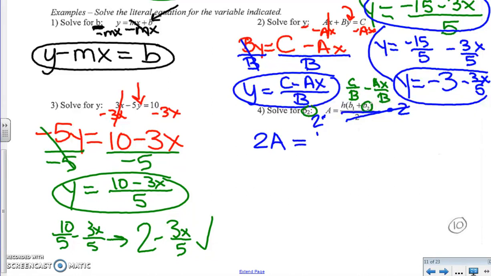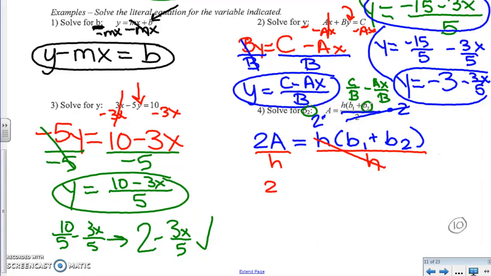And then we're left with h times b1 plus b2 on the right side. The h is being multiplied by all of the parentheses, so just divide it off of the parentheses to the left side of the equation. 2a cannot really divide by h, so we're going to leave it looking like division. And now that there's just 2 terms left in the parentheses, we don't even need the parentheses, so we put b1 plus b2.